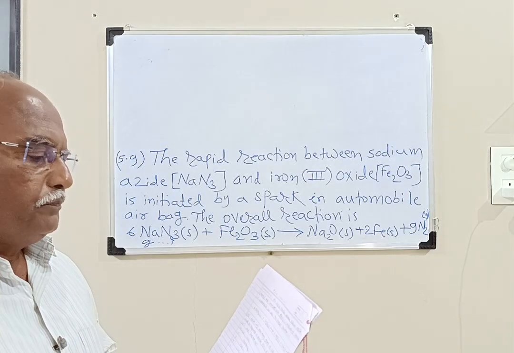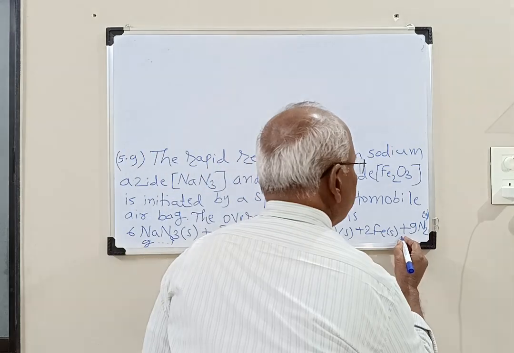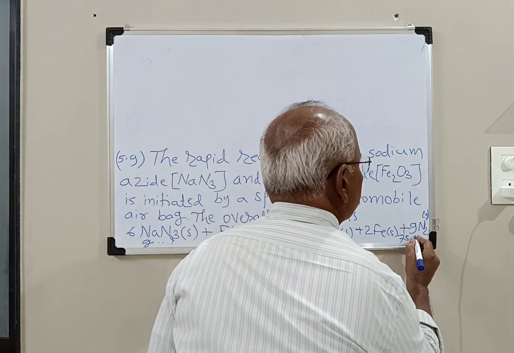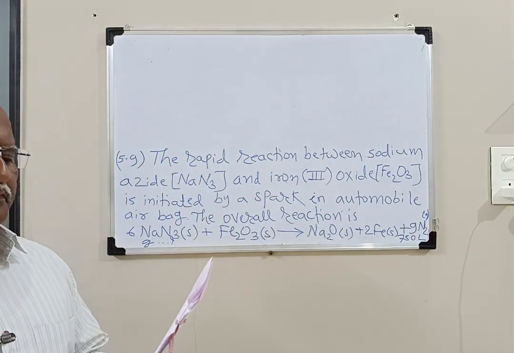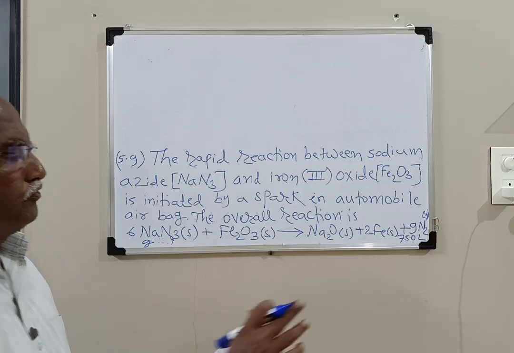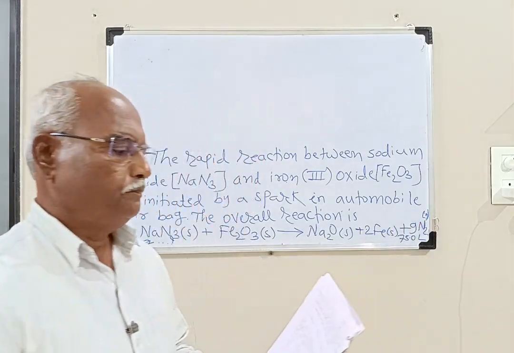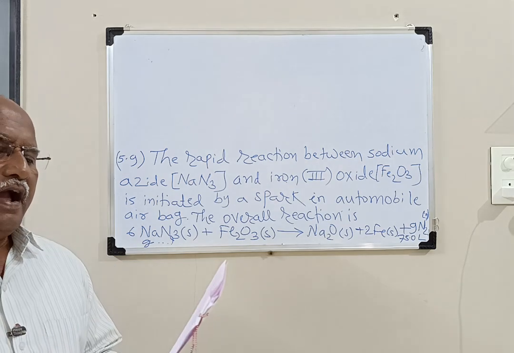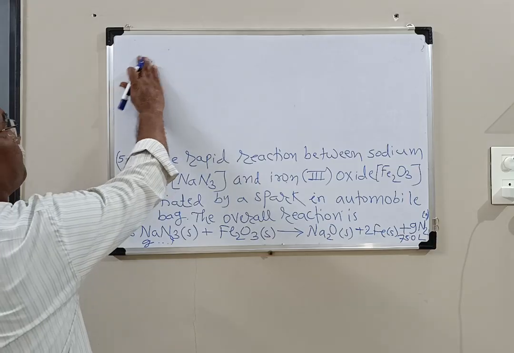How many grams of sodium azide would be required to provide 75 liter of nitrogen at 25 degrees centigrade.